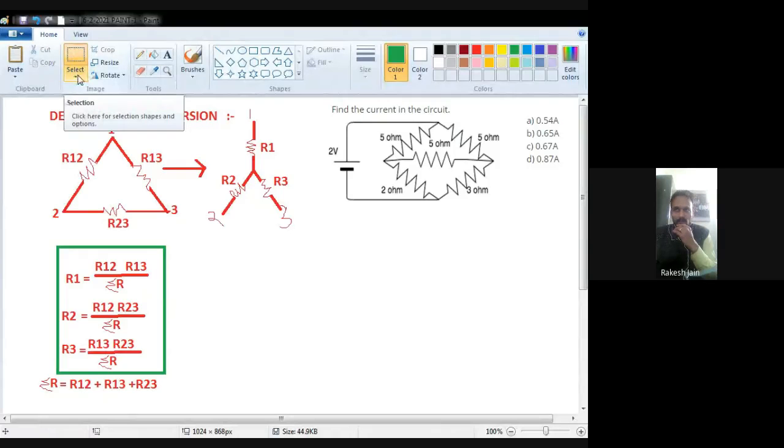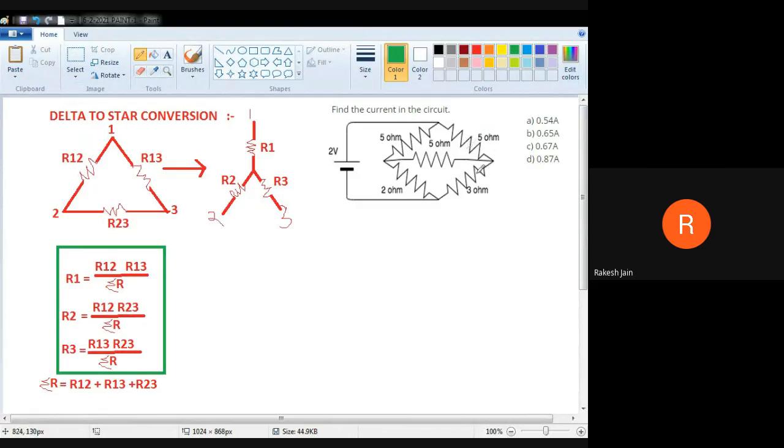Now let's see. First of all, we should simplify the diagram. In this diagram, this 5 ohm and 5 ohm, the 3 resistances are connected in the form of a delta. Someone can also solve this question by considering this 5 ohm, this 2 ohm and this 3 ohm as a delta.